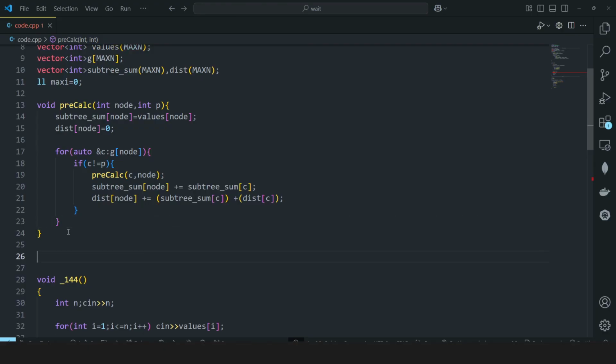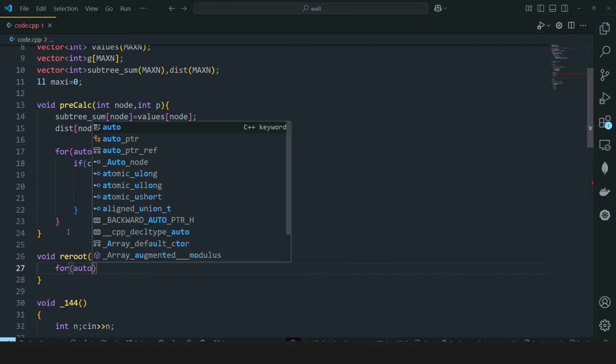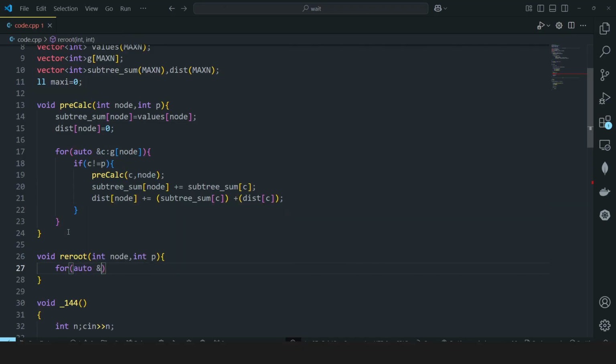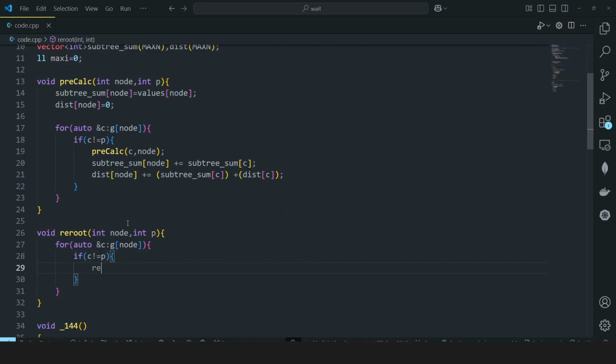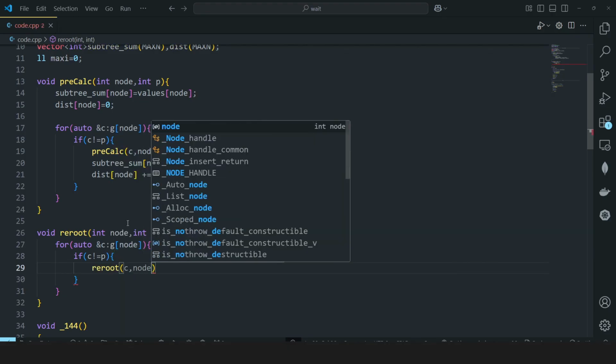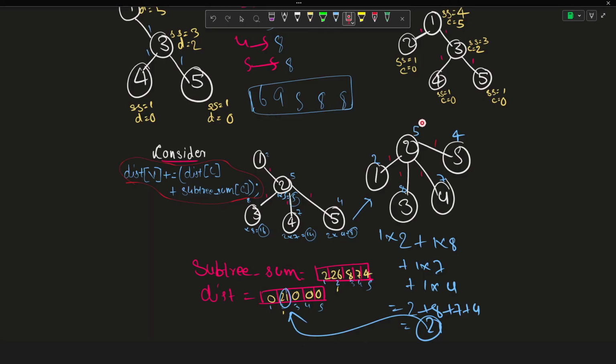So let me write down the reroute function, and we'll visit each of its children. We will again call reroute of C, and its parent would be node now. And I told you in the explanation that when we would be calling DFS for the second child, we would be modifying the arrays, right?